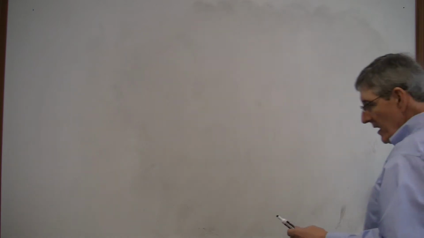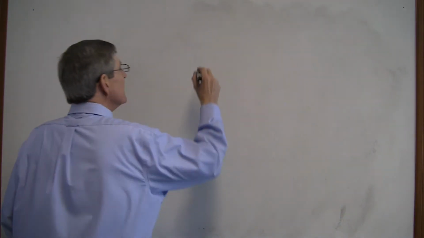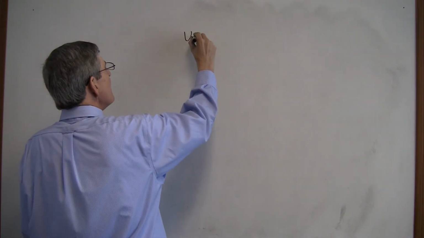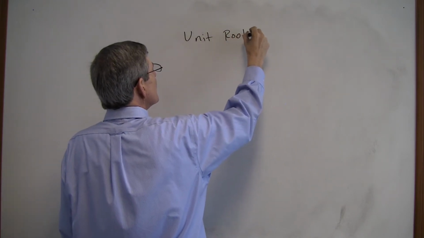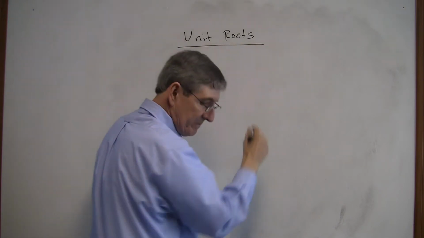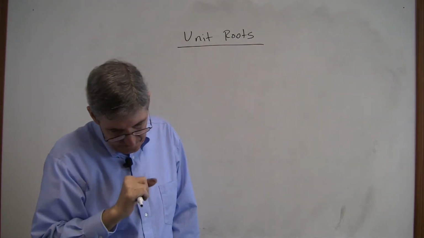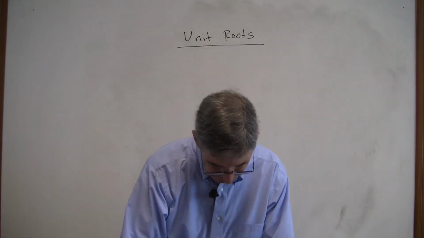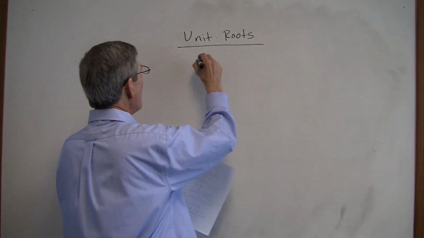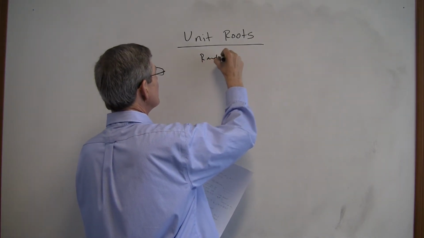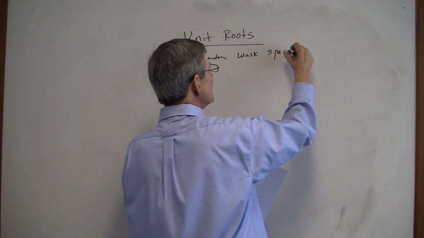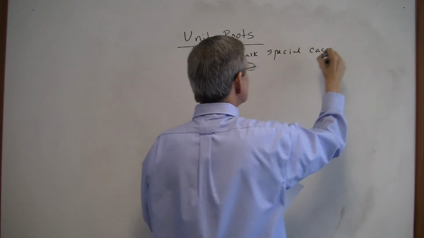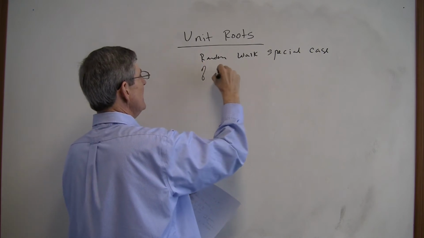So what we're really talking about is a broader topic called unit roots. So the random walk is a special case of an AR1.